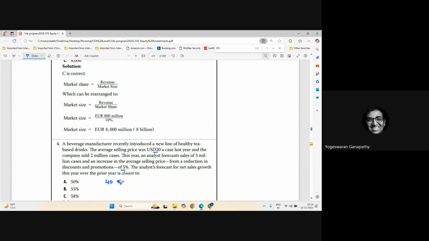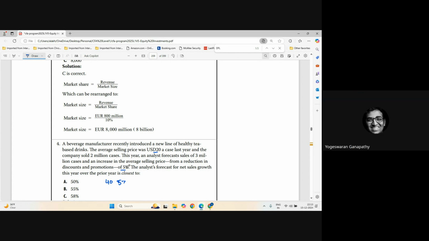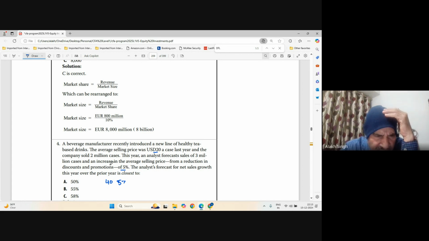Sir, that's an increase, sir, an increase of 5%. The question says an increase in average selling price from a reduction in discount and promotions, so ultimately the selling price increases by 5%. So this actually becomes 63, 21.